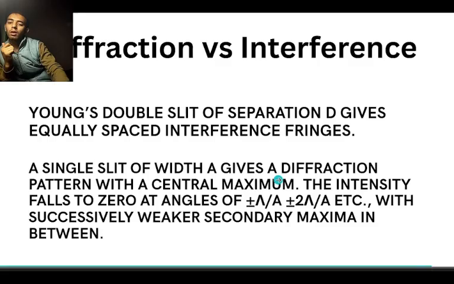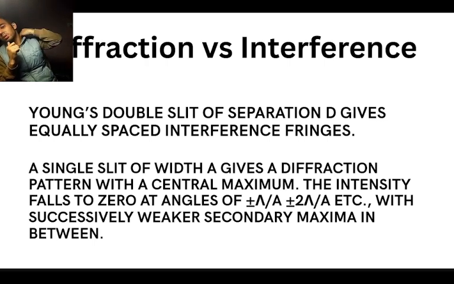Okay. Now, what is the difference between diffraction and interference? Young's double slit experiment gives equally separated fringes. So in the double slit experiment, we got equally separated fringes. But in diffraction we have fringes of different intensity.